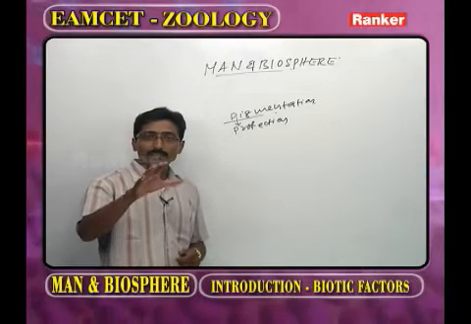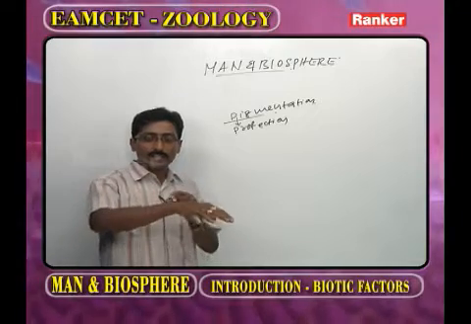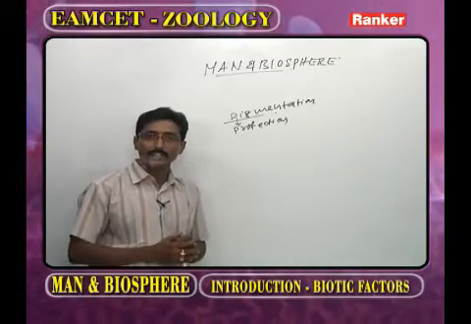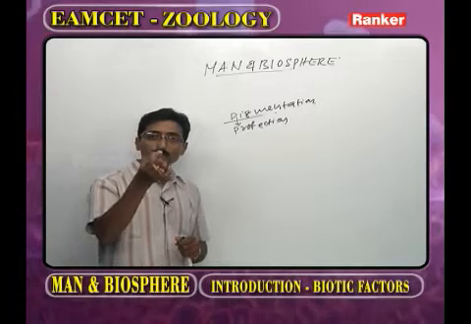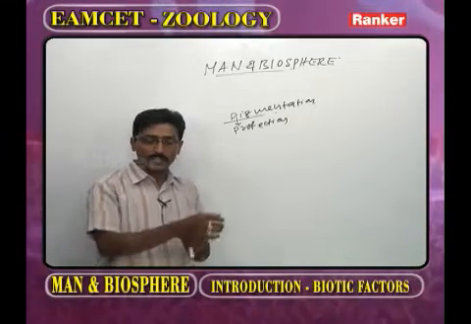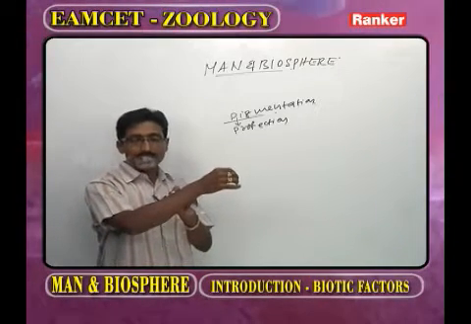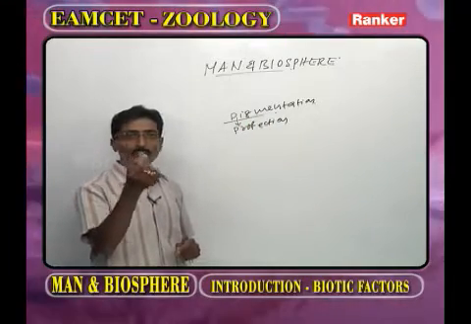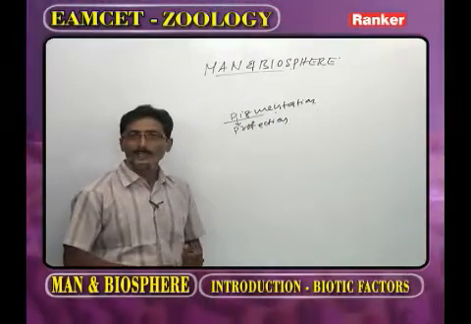The organisms living in tropical countries are continuously exposed to strong intensity of light. In order to get protection from it, our skin has pigmentation. What is the main function of pigmentation? Protection.